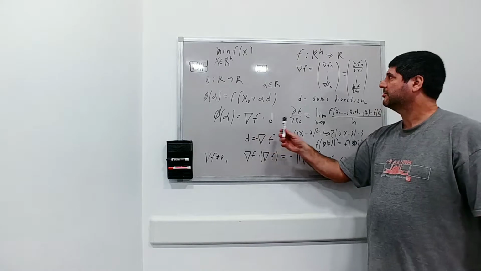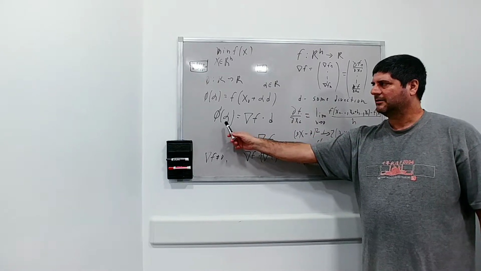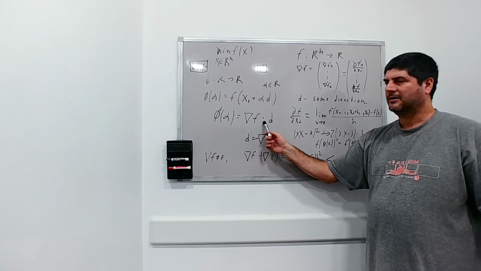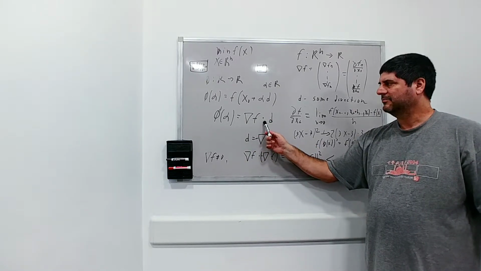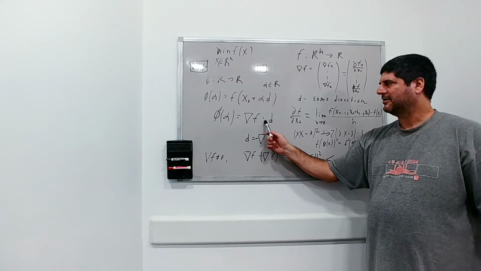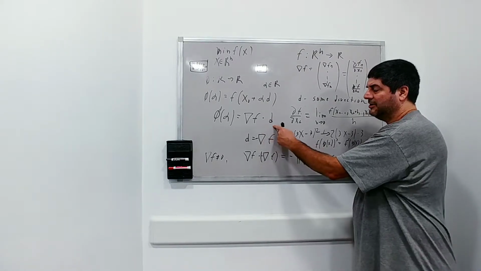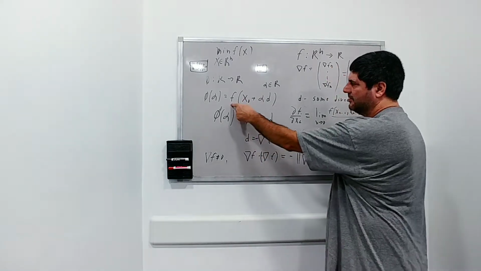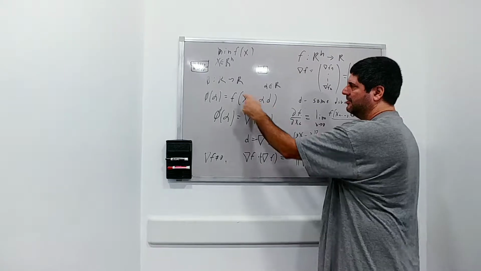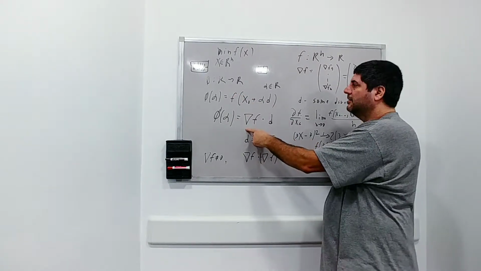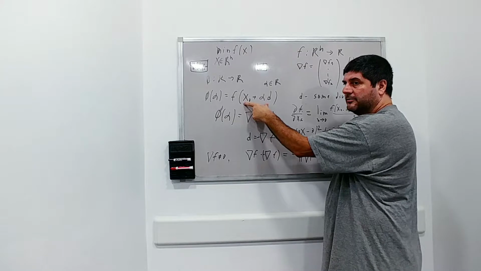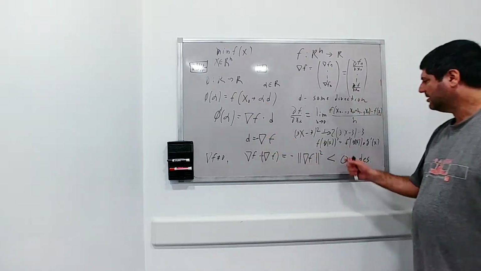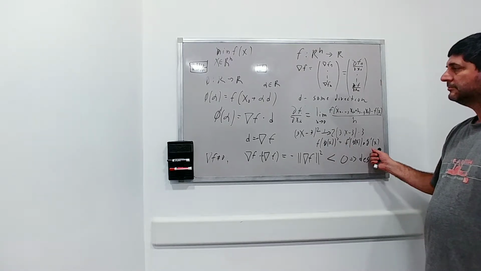What we're going to get is that the derivative of this function is the gradient, multiplied by scalar multiplication with the direction d. Why? Because the derivative of f is the gradient, and the derivative of this function is d. So it's exactly this rule, we're just applying it.